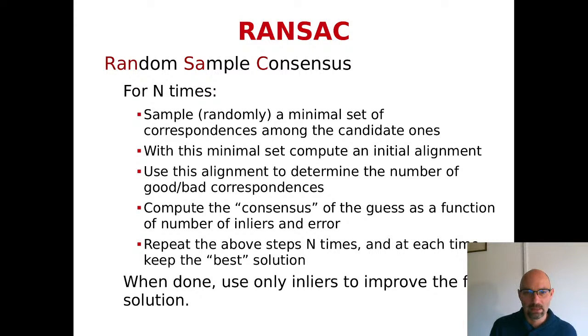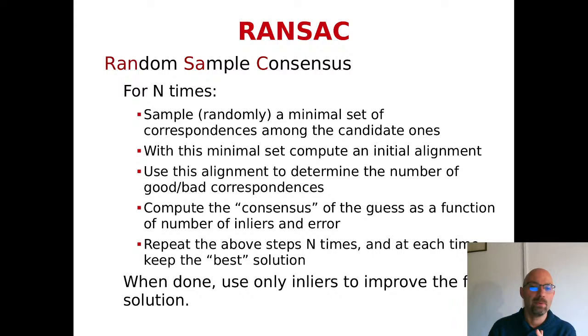okay, you know what, this solution is a good solution or is better than another solution that I have found before if the number of inliers that I find with this solution calculated from the minimal set that I have sampled is higher than the number of inliers of the one I sampled at the previous round.